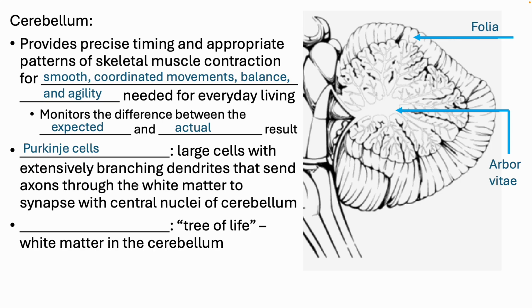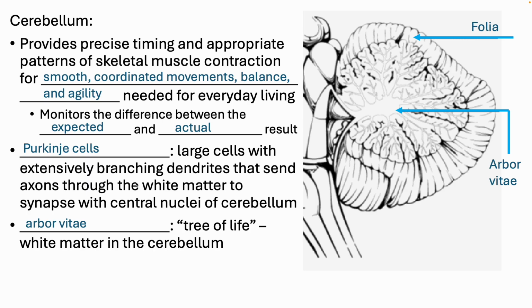Important features of it include Purkinje cells. These are large cells with extensive branching dendrites that send axons through the white matter to synapse with the central nuclei of the cerebellum. And you have the arbor vitae, which translates to tree of life. That is going to be the white matter of the cerebellum.